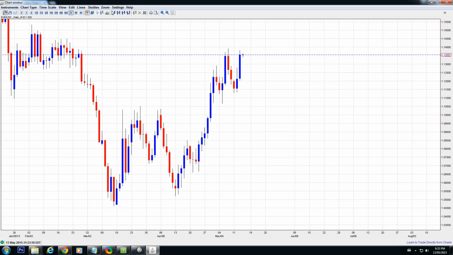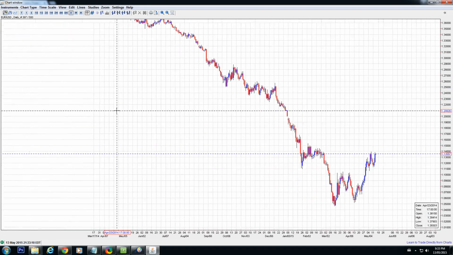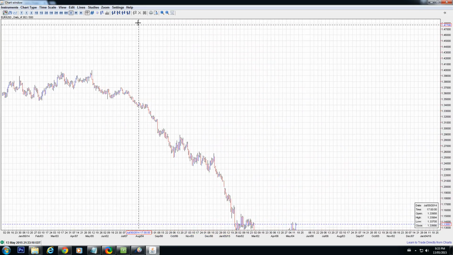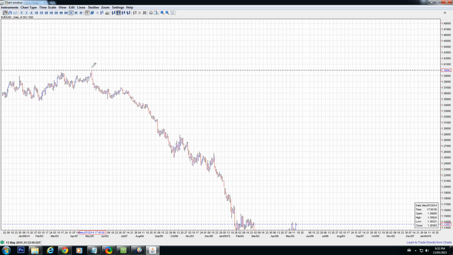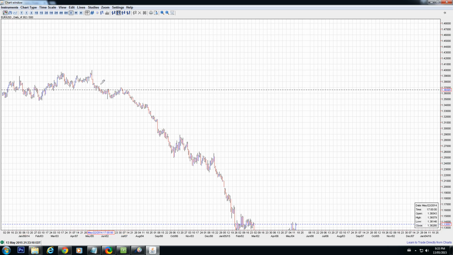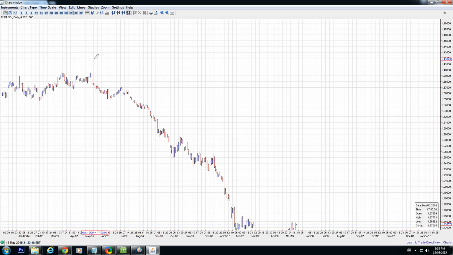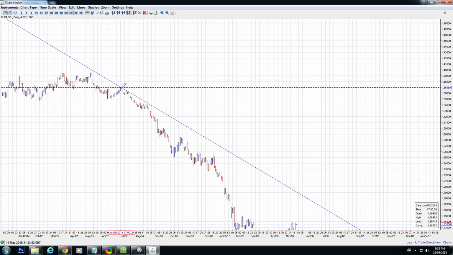Over here you have where you can make your lines. I always use the freehand line because these other lines will do funny things. You see how that dotted line is going everywhere? I want to go to the top and it's bouncing all over, but if I do it freehand, I can put it wherever I want. So I start from the very top and I go to the next one.